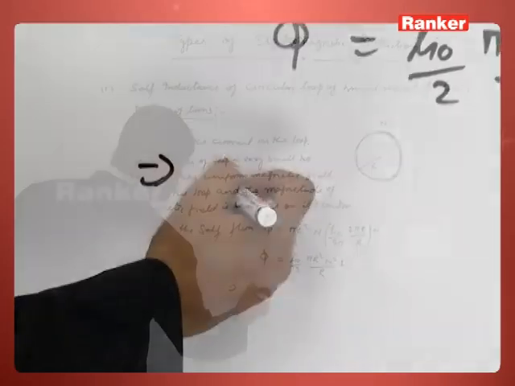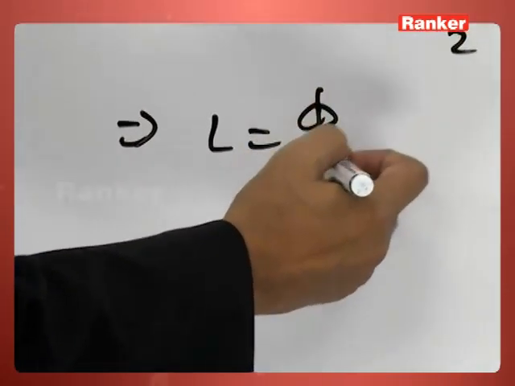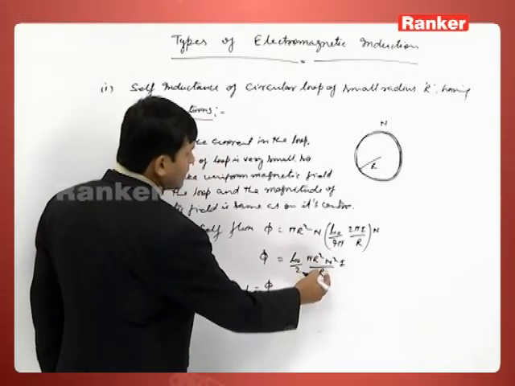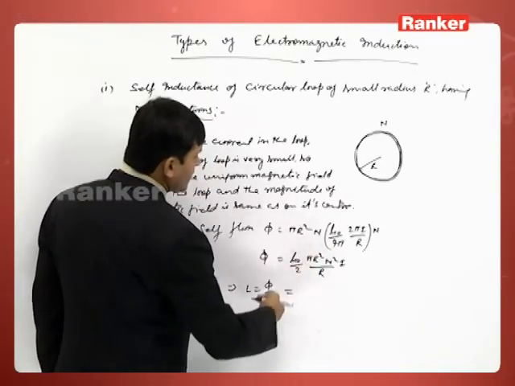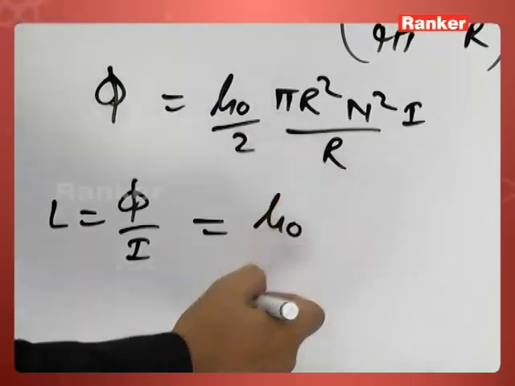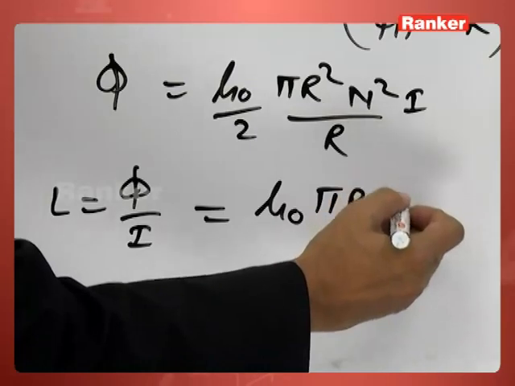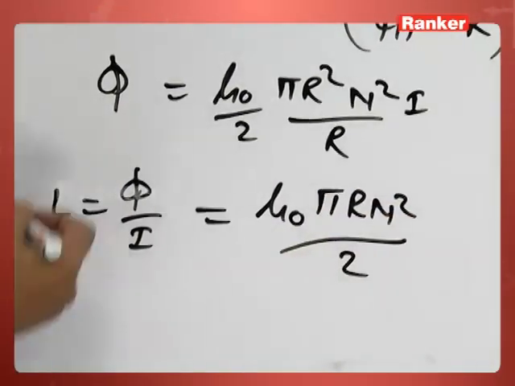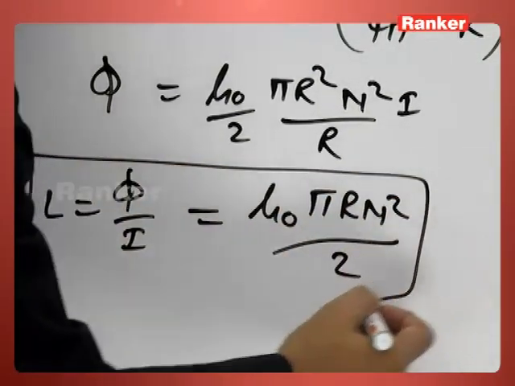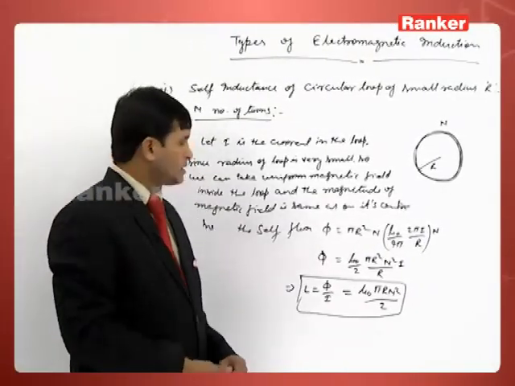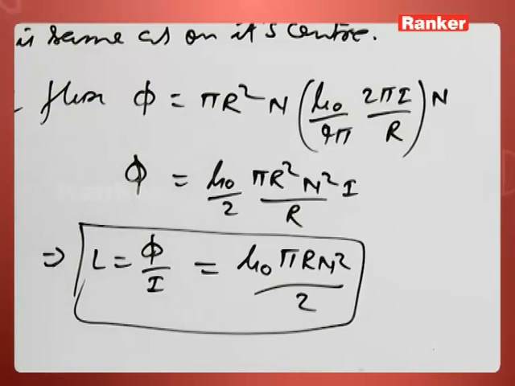So L is φ by I, the flux by current ratio. The r cancels, and φ by I becomes μ₀ π r N² by 2. This is the value of self-inductance.